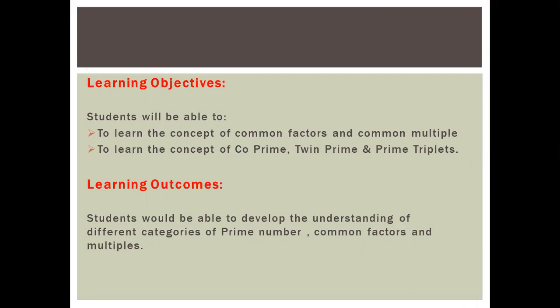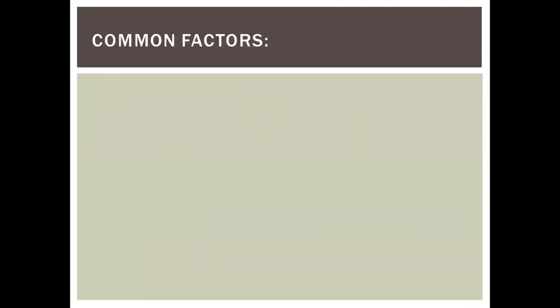We will also learn about co-prime, twin prime, and prime triplets. Learning outcome: you will be able to develop an understanding of different categories of prime numbers, and about common factors and common multiples. So let us see what common factors are.